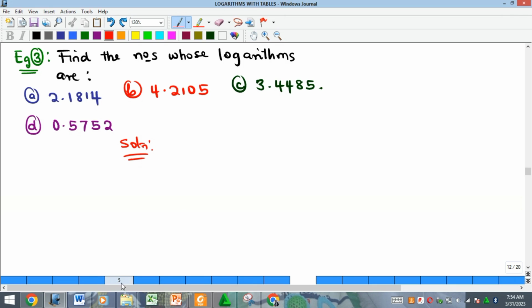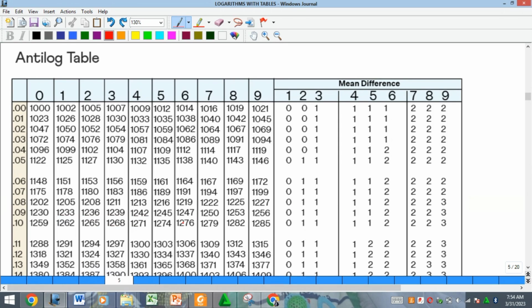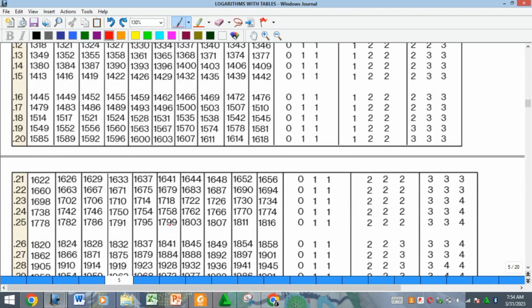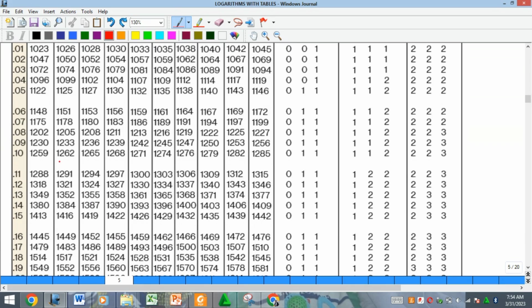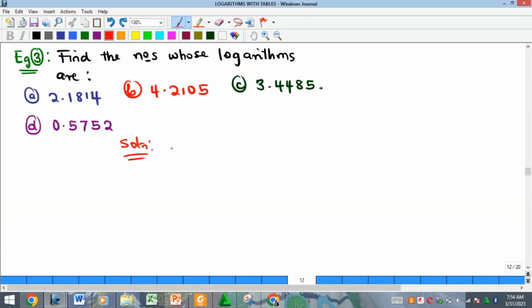And this is how the anti-logarithm tables look. So we have all of these tables, and if you check now, you can see that the anti-log table starts with 0 point, and I'm going to show you how that comes to play. Look at this.